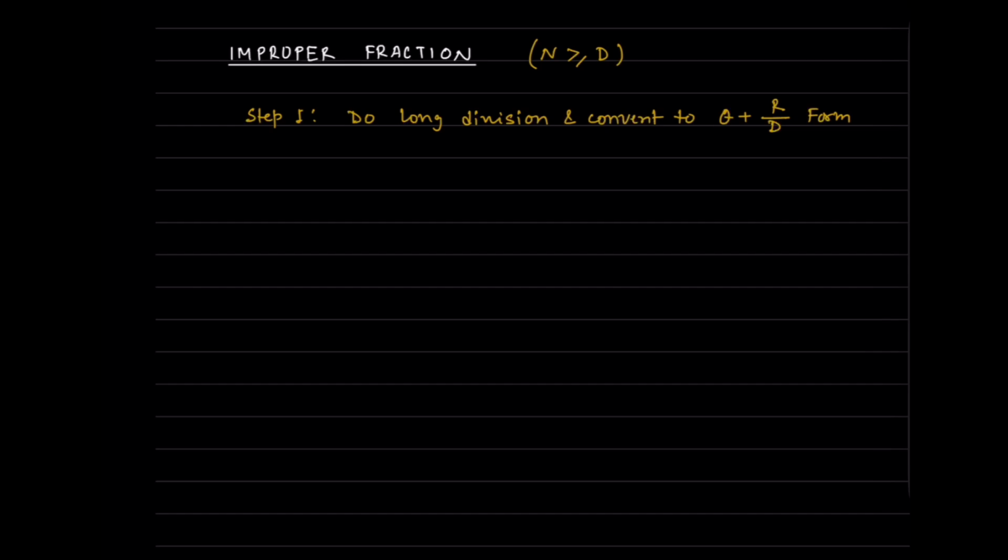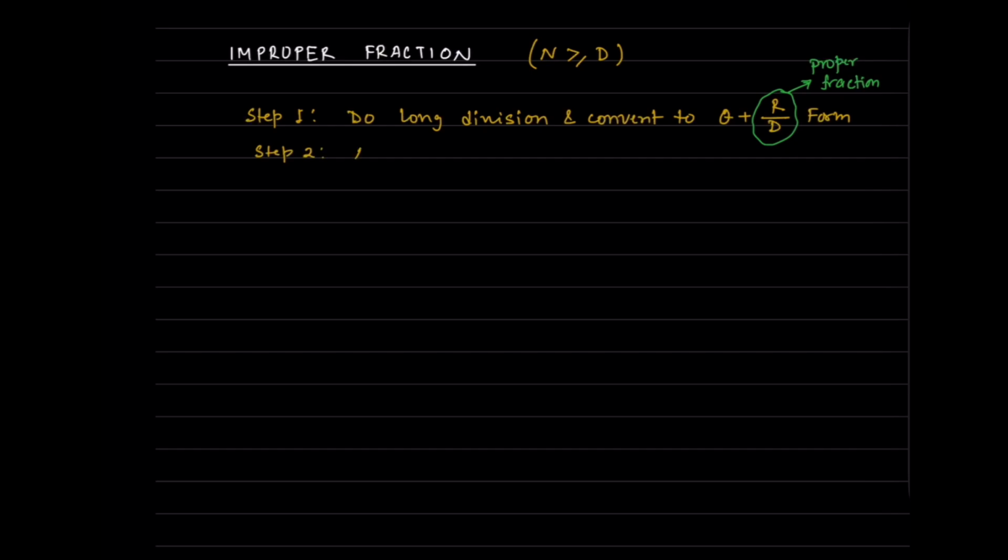And when you do this, this r by d will every time be a proper fraction. So after the long division, whatever result you get, this r by d will always be a proper fraction. Then step number 2.